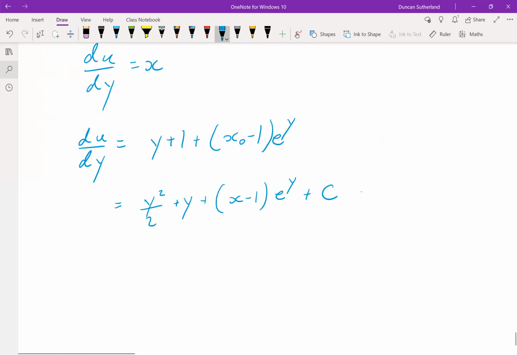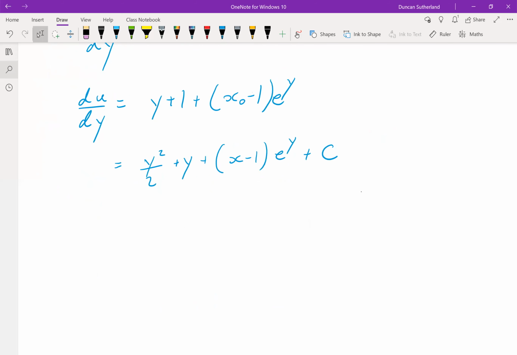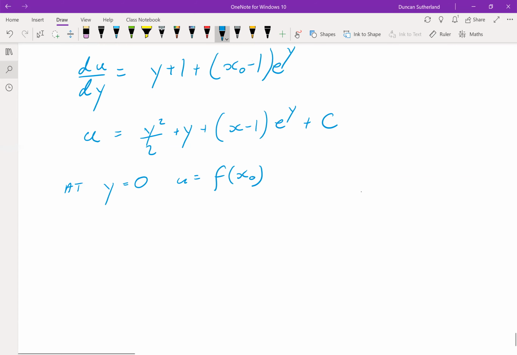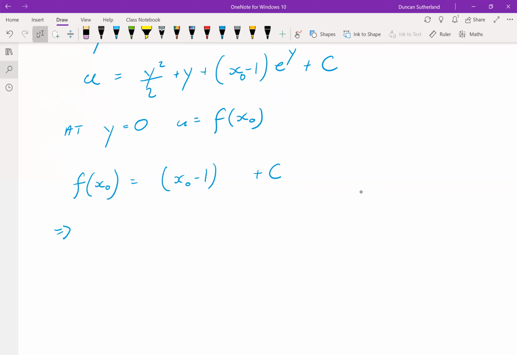Some other constant of integration. We know that at y equals 0, u equals f of x naught. That's our new initial condition. Plug in. Plus c. Oh, and that's 1, because e to the 0 is 1.